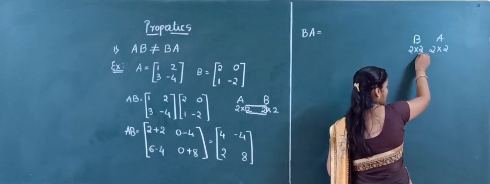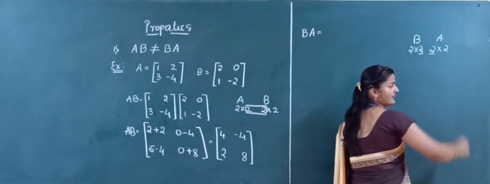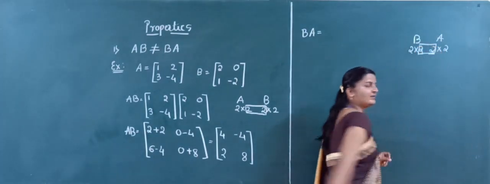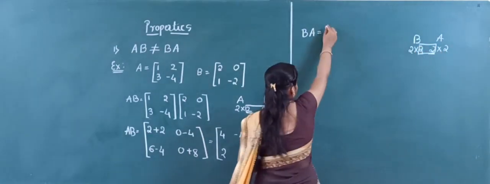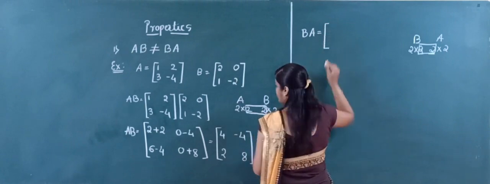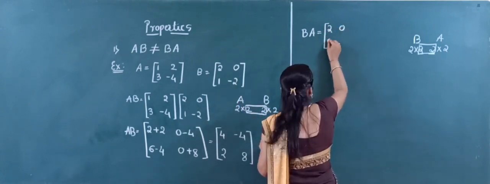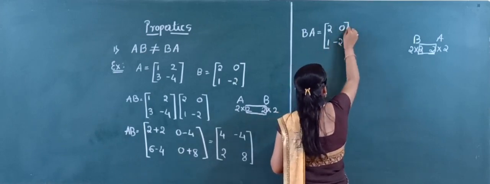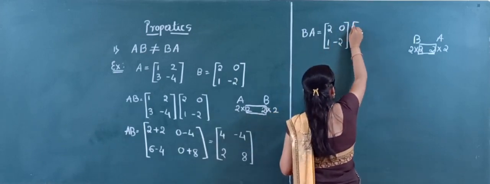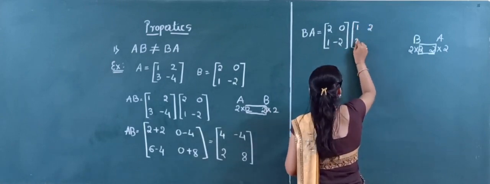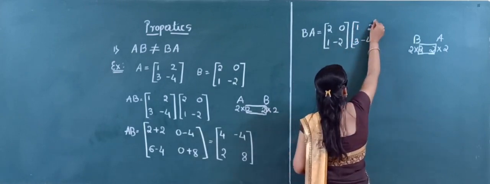The first matrix's number of columns and the second matrix's number of rows must be the same. Here both are 2, so we can multiply BA. First I will write the B matrix, [2, 0; 1, -2], and A is [1, 2; 3, -4].